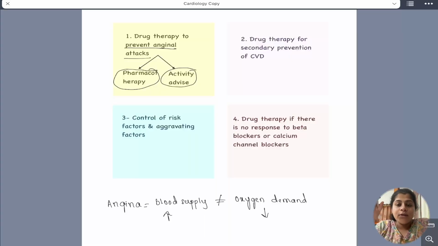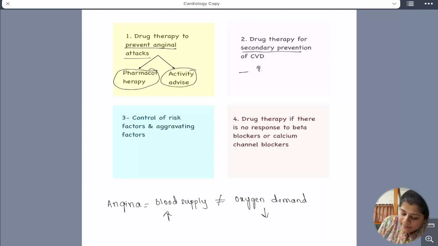Second, even chronic stable angina is formed by a blockade. There is a blockade, but the blockade is stable here. You want to prevent the increase in size of the clot or progression of new clots. So second is drug therapy for secondary prevention of CVD.